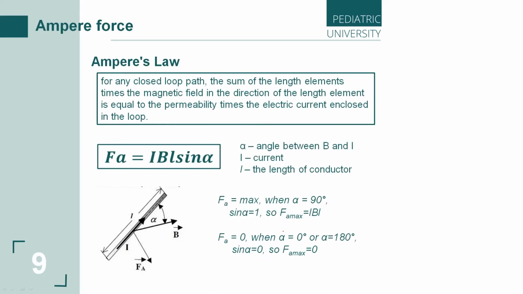Now, let's return to the discussion of the properties of the magnetic field. We spoke about the ampere force. Consider a situation where a current flows through a conductor. It acts on a magnetic needle that is nearby.